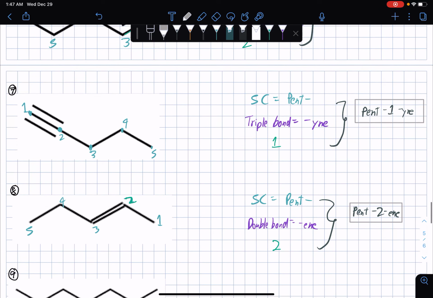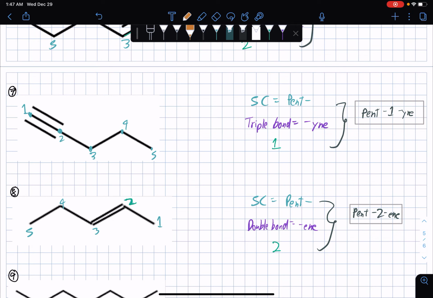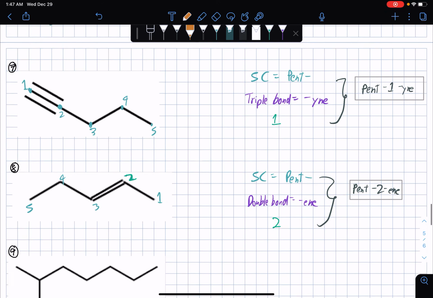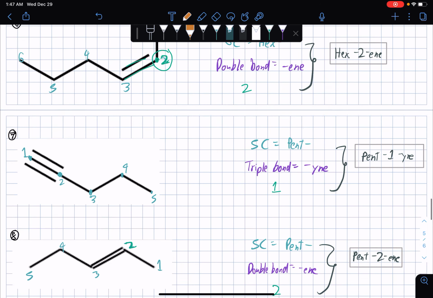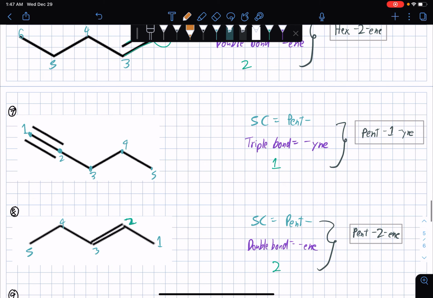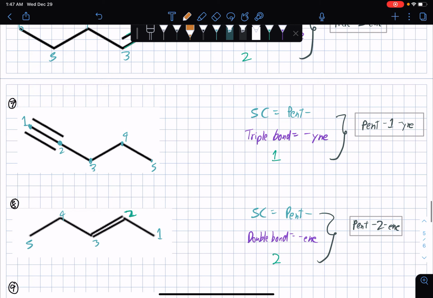Now, you might notice, comparing number 7 and number 8, that the structures have the same number of carbons in the parent chain. As of now, so far, we've never encountered a substituent. So that's less stress for us right now, but it's going to be more stress later.